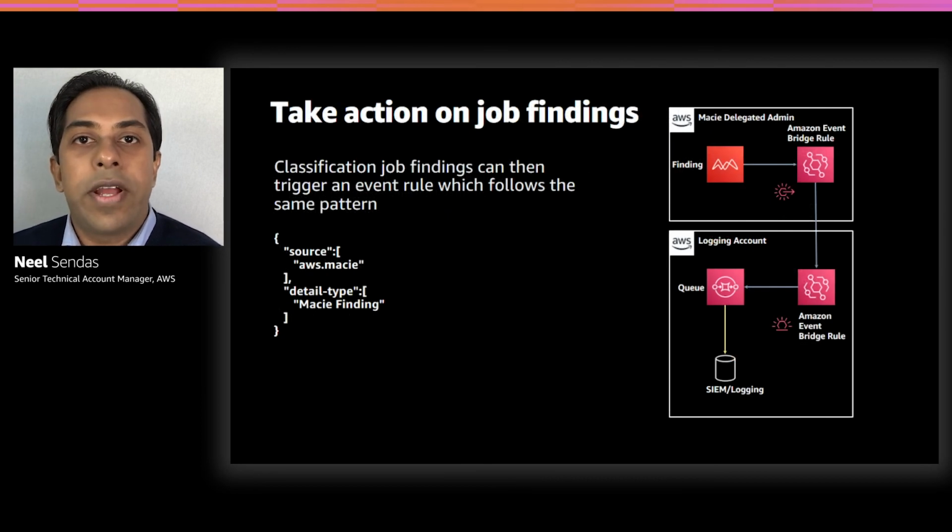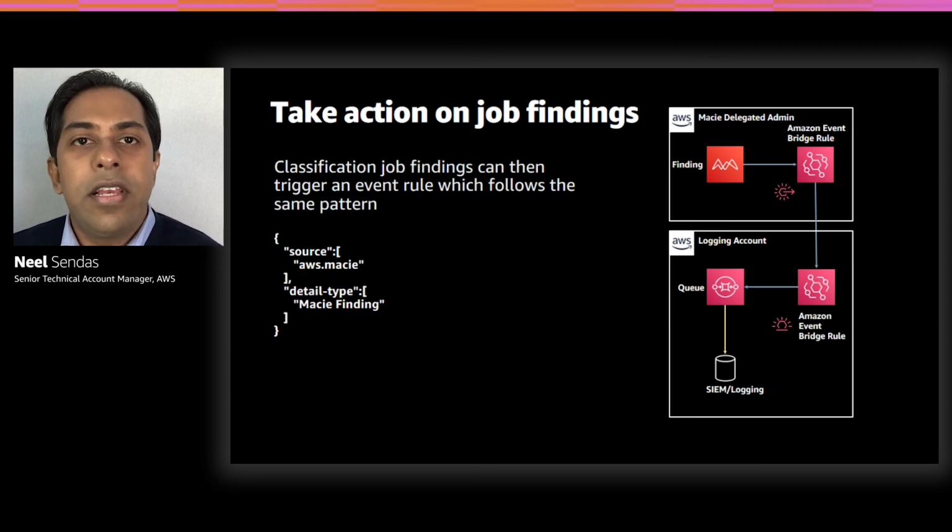The classification findings can be captured with EventBridge as well. If we follow the same pattern as defined earlier, where we set up an events rule in the delegated admin account, we can create event rules and a custom bus in the designated account as well.